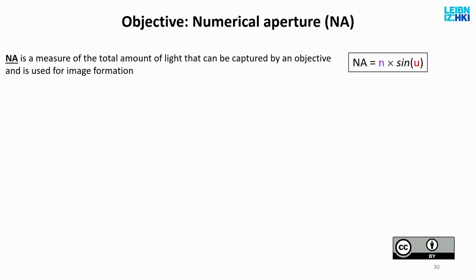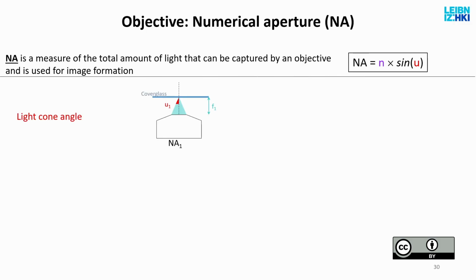So what is numerical aperture, NA? It is a very simple formula, similar to what we had before. It uses the refractive index, which we talked about earlier, and it uses an angle, which is the angle of light that enters the front of the lens.